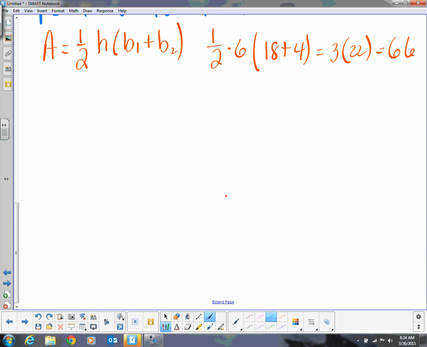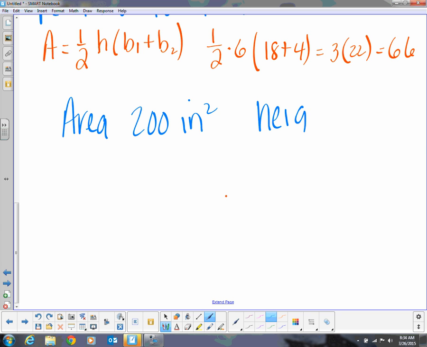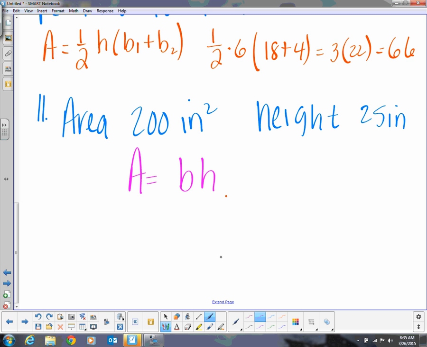All right, it says the area of a parallelogram is 200 square inches. It says the height of the parallelogram is 25 inches. What's the area formula for a parallelogram? A is equal to base times height. Where does 200 go?